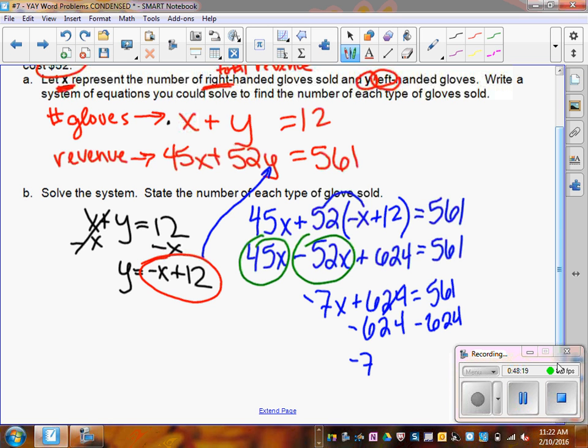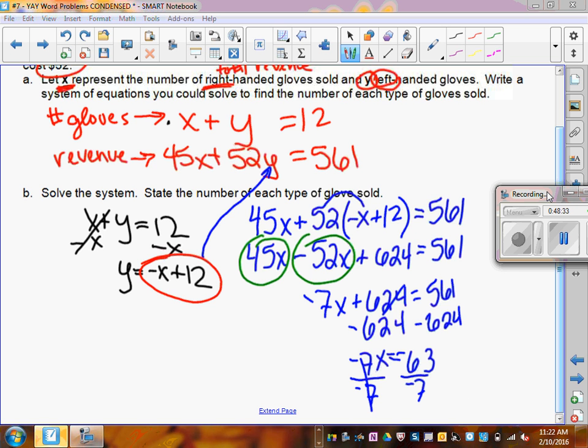Some big numbers here. So we get negative 7x equals, and that would give me negative 63. And divide by negative 7 on both sides. And I get x equals positive 9.